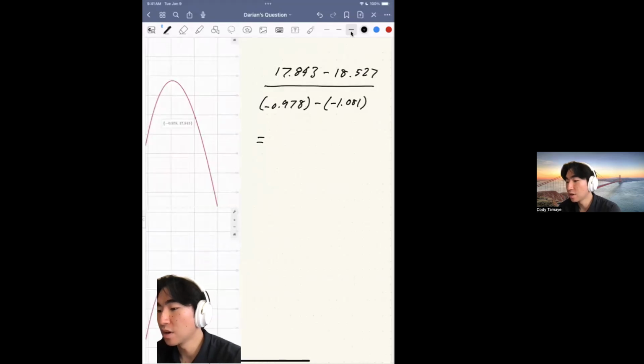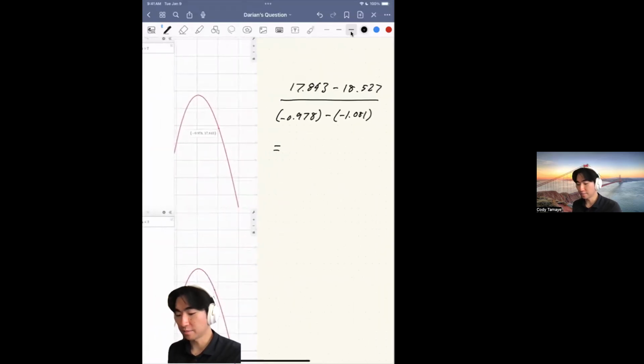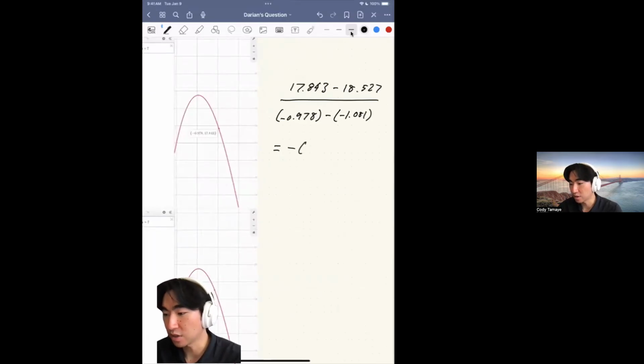Let's plug it into our calculators again. We now get 17.843 minus 18.527, all over negative 0.978 minus negative 1.081, which comes out to a value of negative 6.6407.